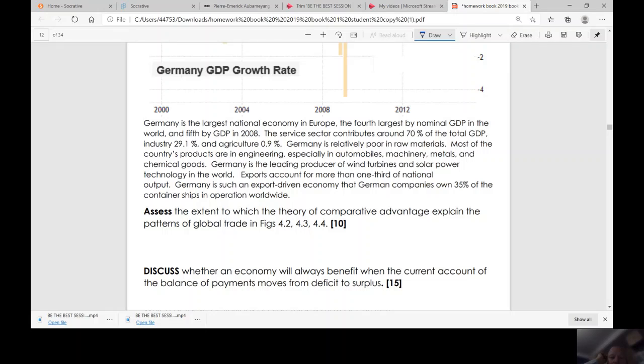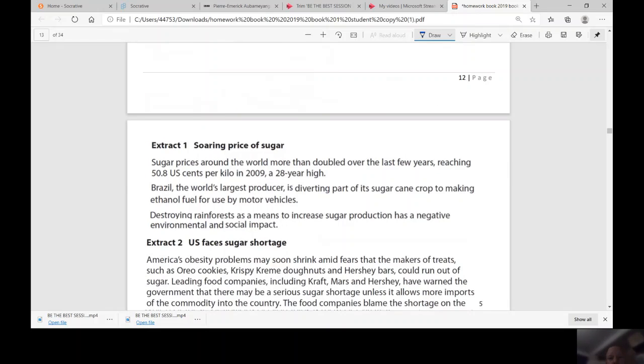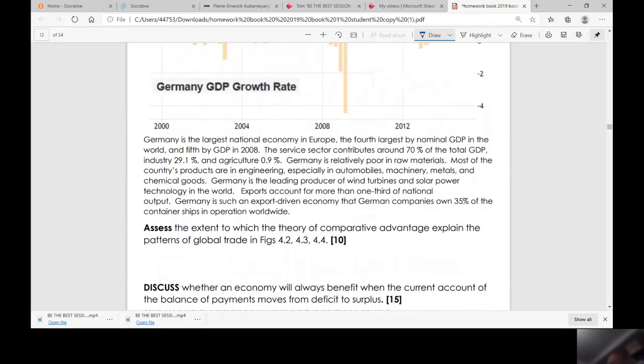Service sector significantly large, but also a significant secondary sector, much larger than the UK. Looking at its own specialisms in terms of wind turbines, solar powers, and exports accounting for a third of national output. So a third of their GDP is due to the export sector of the economy. Germany is an export-driven economy. German companies own 35% of the container ships worldwide.